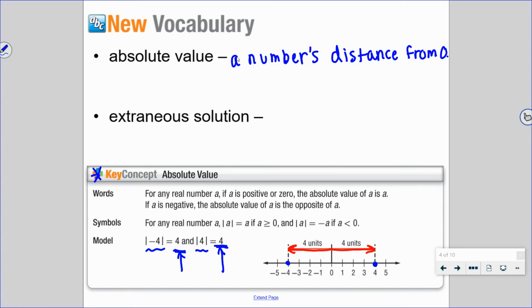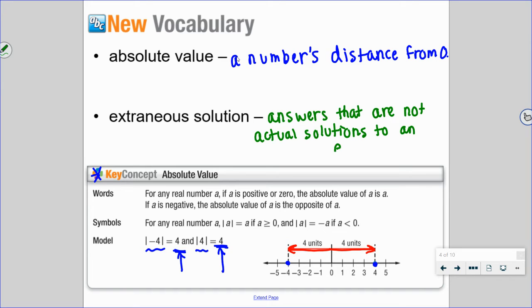Okay. Another new vocab word for us is something called extraneous solutions, and this is going to pop up later on in the lesson when we actually start solving. These are answers that are not actual solutions to an equation.